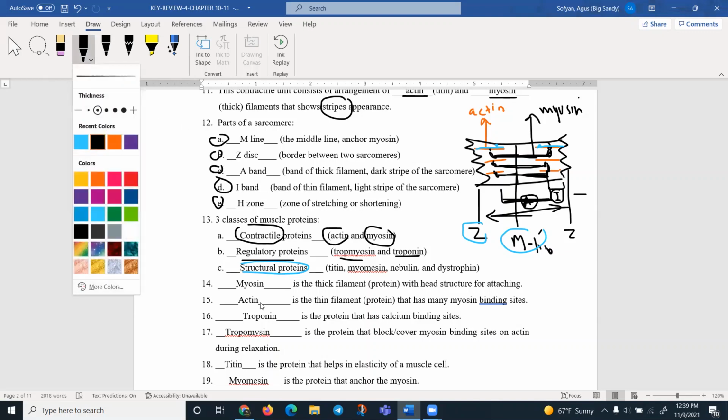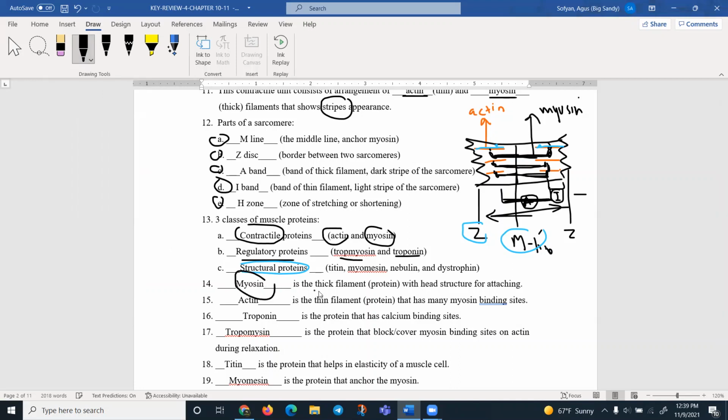Now for the myosin, this is the thick filament, and the thin filament is called the actin. The protein that has the calcium binding site is troponin, and again troponin is actually part of the actin protein. And tropomyosin is the protein that blocks the myosin binding site, and this is also part of the actin.